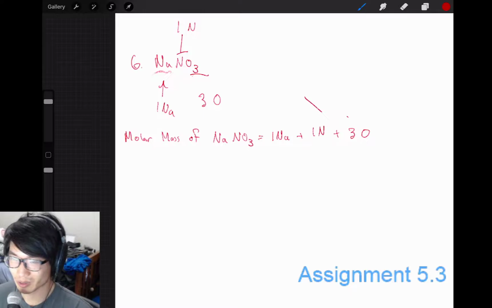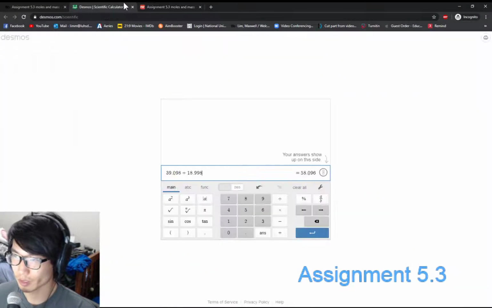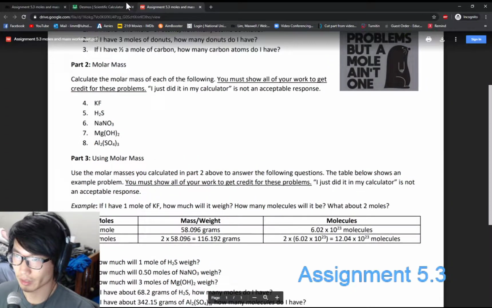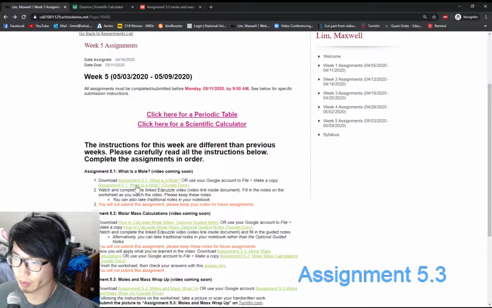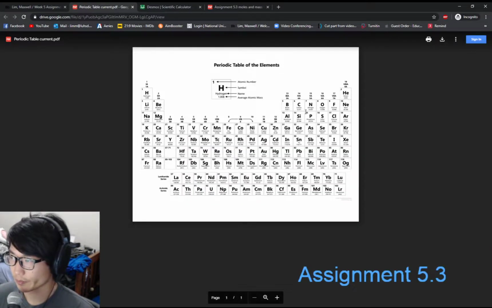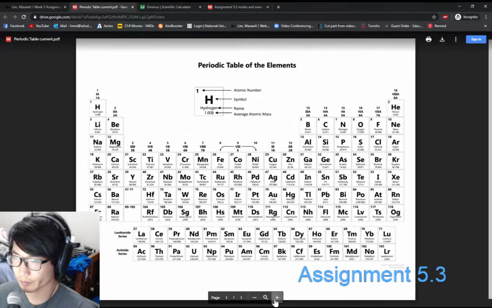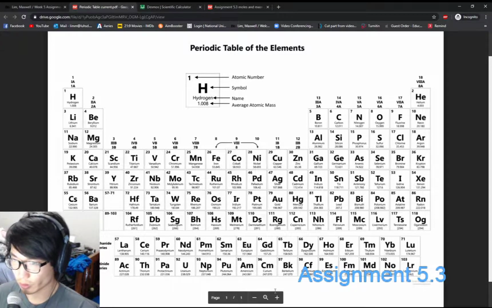Okay, so I'm going to consult my periodic table that I don't have up for some reason. Oh dear. Okay. Here's my periodic table. I look on here, and now I need the weight of sodium. I see sodium has a weight of 22.990.